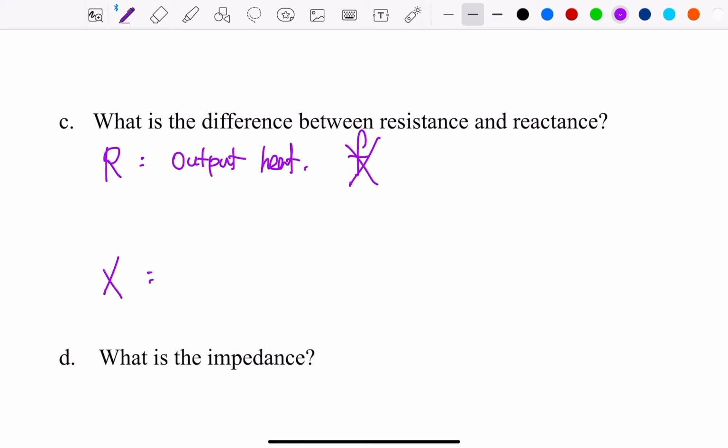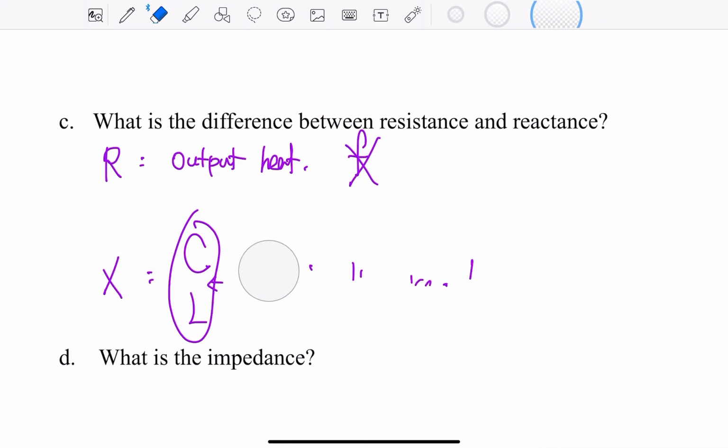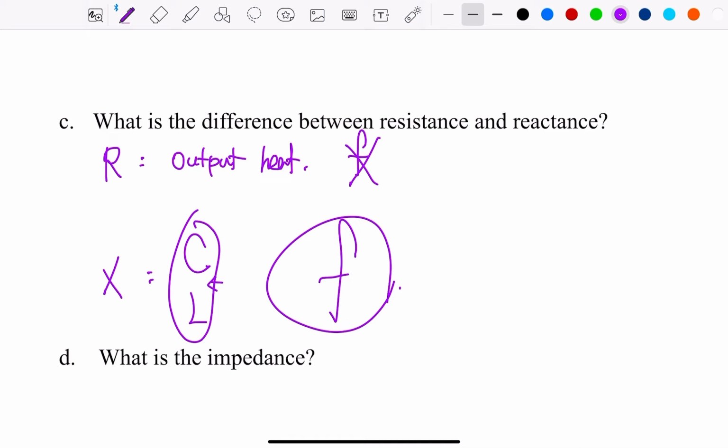So, capacitors and inductors are causing the reactance. Okay? This was the reason. And also this value is frequency dependent. So it is affected by frequency, influencing the way these elements respond to alternating currents by either storing or releasing energy. Okay? So these are the basic differences.